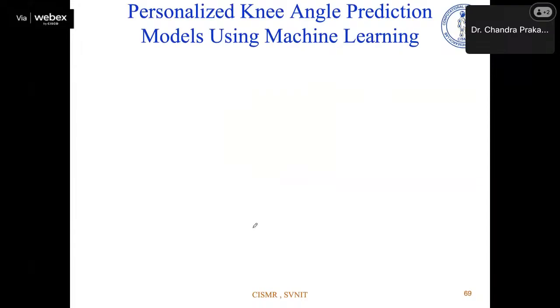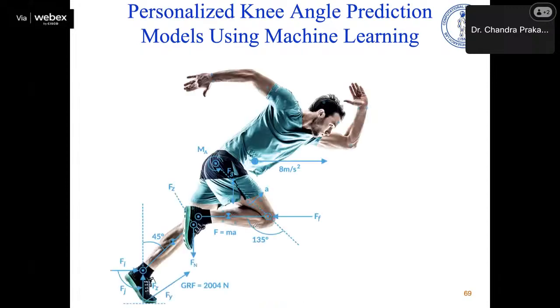This is one of the applications where we have tried using SVM. We tried to see whether, based on walking, we can predict some angles, right? When we walk, we actually see only the person, but with the help of computational methods, we are trying to come up with these angles. We call these kinematic parameters.